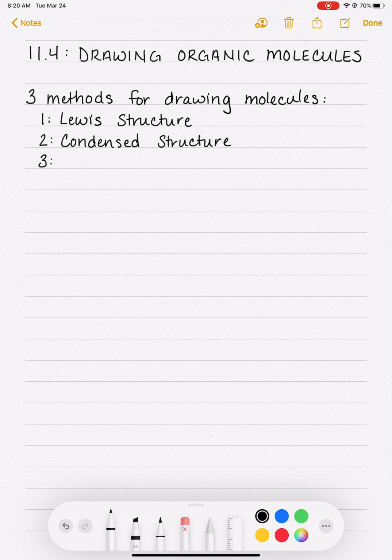And the third method is the line structure. Line structure is sometimes called a skeletal structure, or sometimes called a bond line structure. So you could see it called any one of those 3 things. So let's start with the Lewis structure.